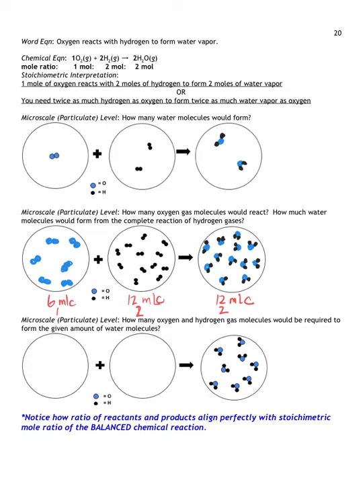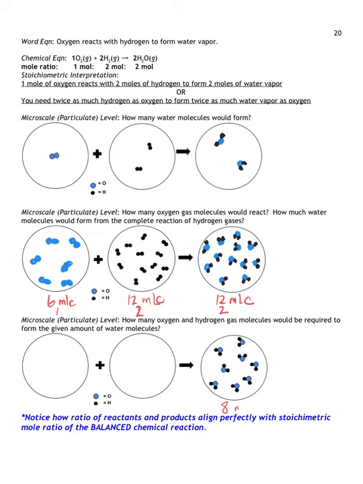I would like for you to try out this next particulate microscale level drawing. It's asking you in this next problem how many oxygen and hydrogen molecules would be required to form the given amount of water. And the water that you see here is 1, 2, 3, 4, 5, 6, 7, 8. So there are 8 water molecules.